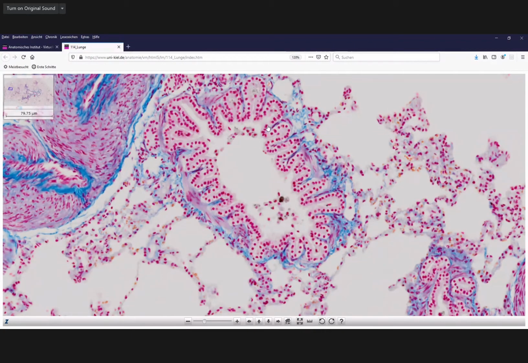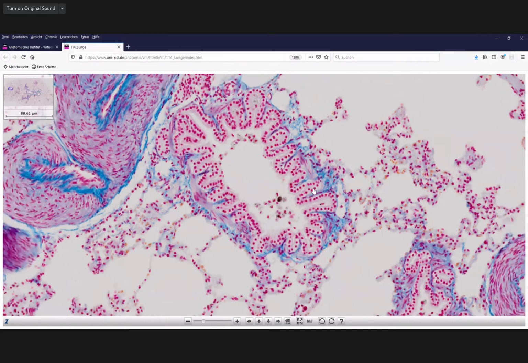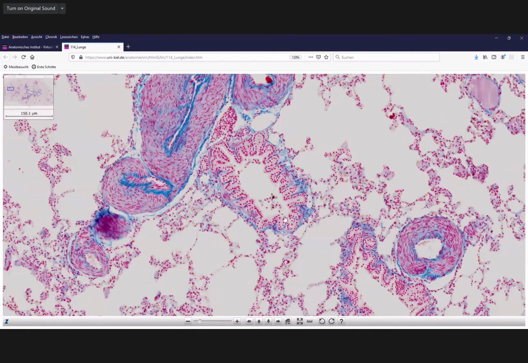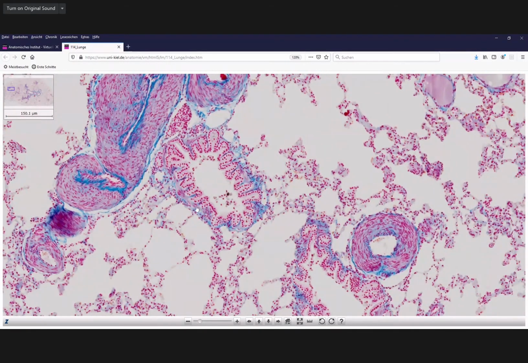When the tissue shrinks during fixation, you get these big folds in the epithelium. When you have a normal lung filled with air, it would not look like this. It would be more open. But here you have a lot of folds in the epithelium from shrinking and fixation.